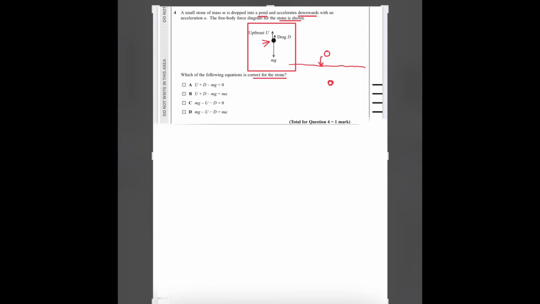The thing we need to consider is whether it is accelerating downwards or moving at a constant speed. If the stone is moving at a constant speed, then we know it has reached terminal velocity. At terminal velocity, the speed does not increase or decrease, it is constant.